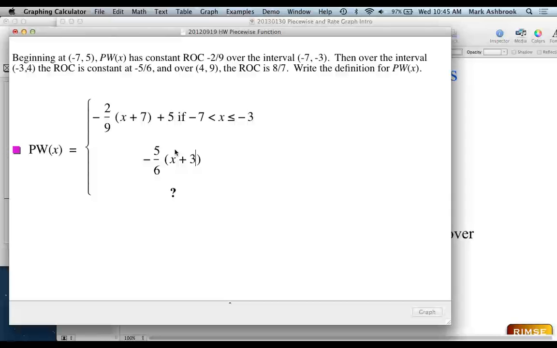We had some beginning point, -7.5, and that's our AB for the first piece of the line. Now it has a slope, or constant rate of change, of -2/9. So is that like this, or like this? The lower one or the upper one? -2/9.